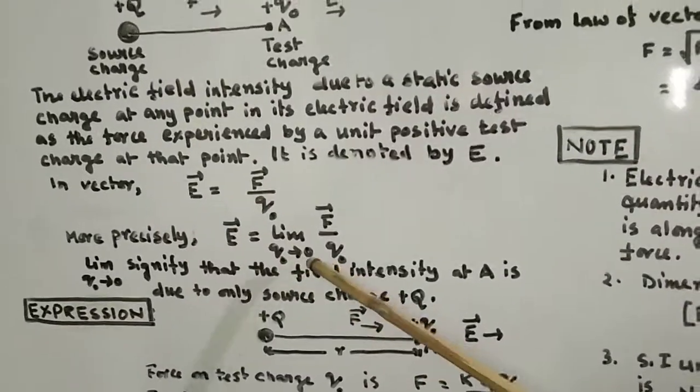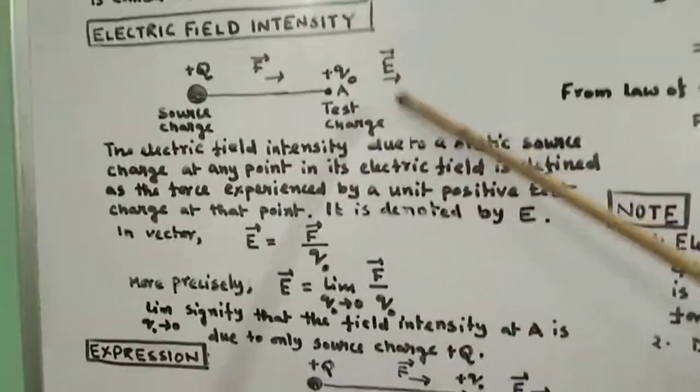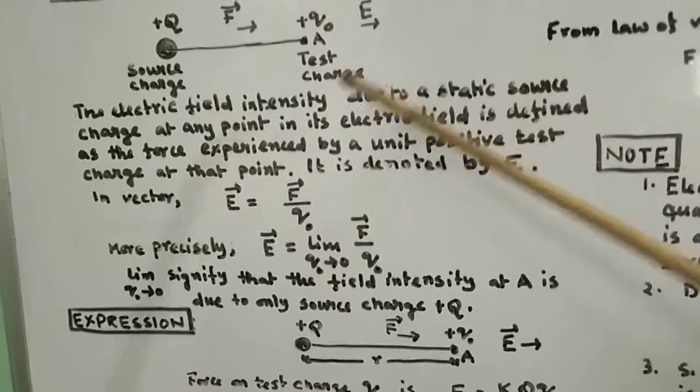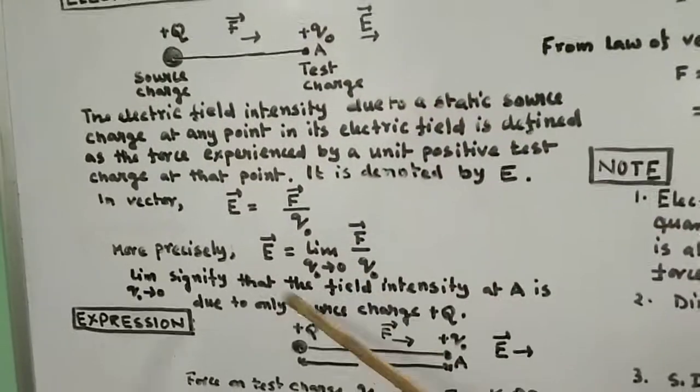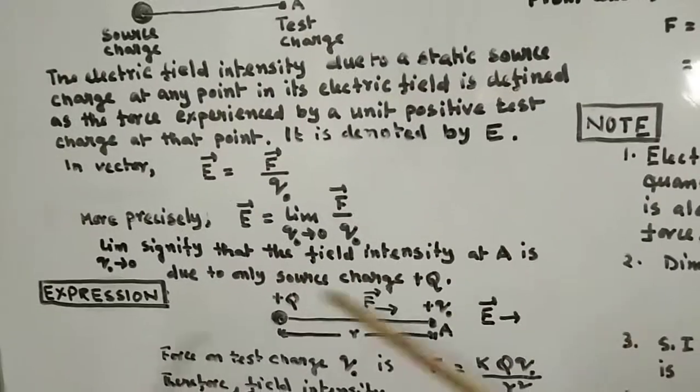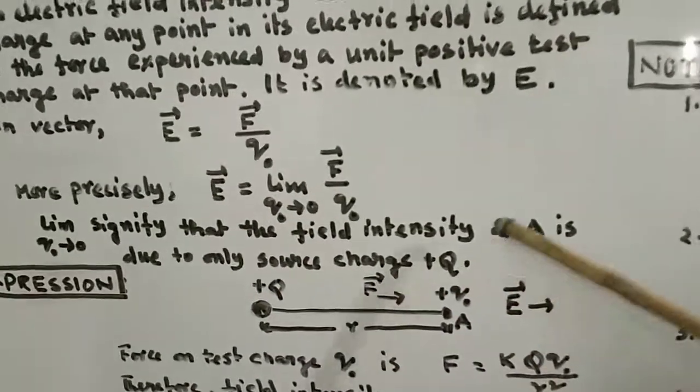That's why we are considering the limiting case, limit Q naught tends to 0. If the test charge is very small, then the field due to that test charge can be neglected. So limit Q naught tends to 0 signifies that the field intensity at A is due to only the source charge plus Q.